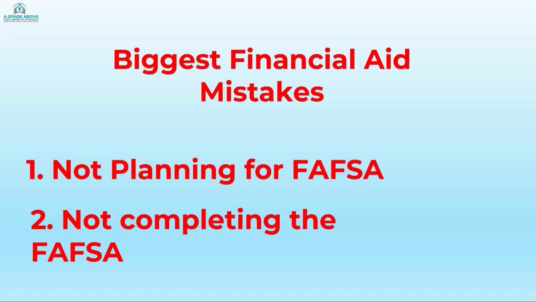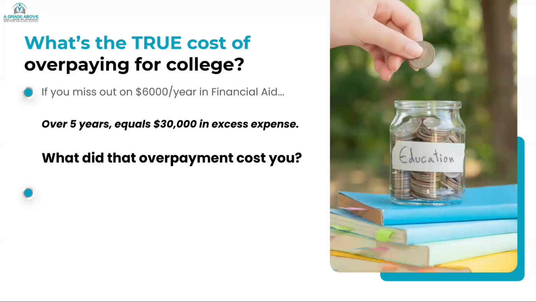It doesn't guarantee you're going to qualify for 100%, or you're not going to have to pay anything out of pocket. It just puts you in a better situation to qualify for more aid, saving you more money out of pocket. And then when we talk about what does it cost you, right? When you overpay. So what's the true cost of overpaying for college?